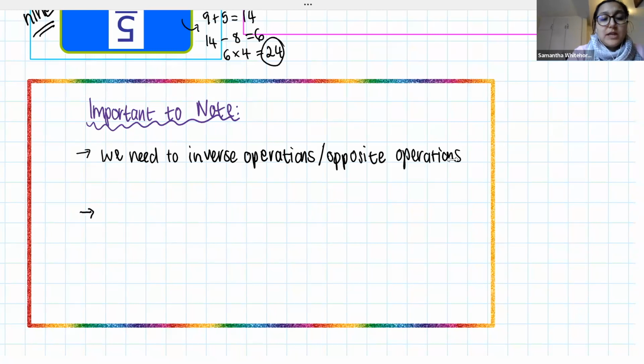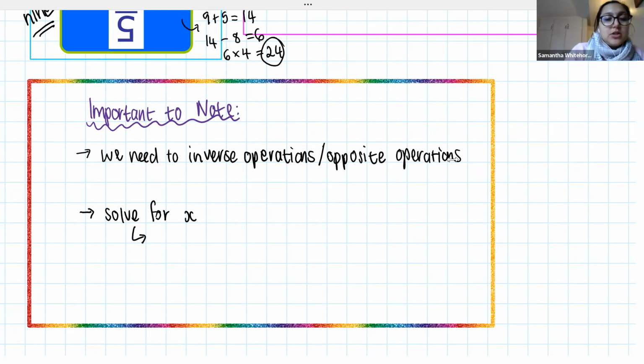The next thing we need to remember is that we are trying to solve for x. That might seem obvious, but sometimes we get to a step where we've got 2x equals 10, and we stop. We don't want the answer for 2x. I want the answer for x.